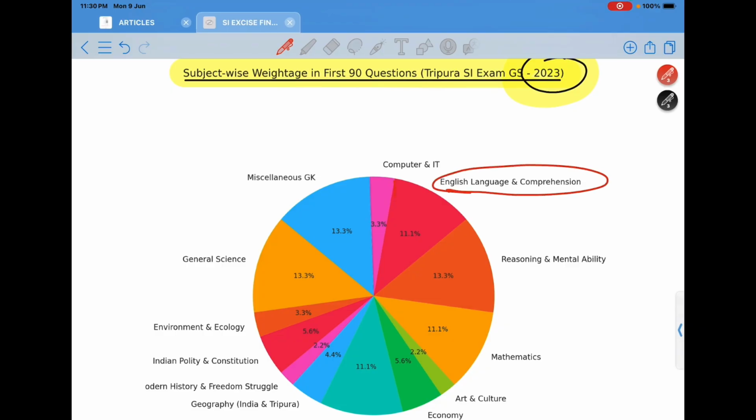This single paper consists of 11%, right? This is a very huge portion, so you can't ignore it, and it is a very scoring subject, so you should take it as low hanging fruit. Now we'll see the split up of this English language and comprehension analysis.